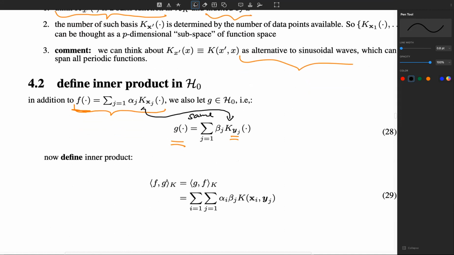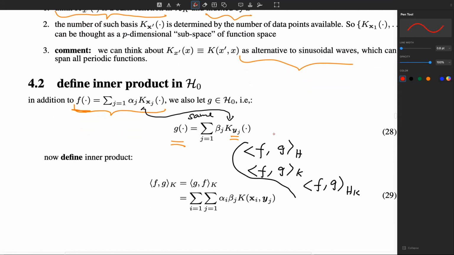So if I do that, I can then compute the inner product. I apologize, sometimes you see me write this H, or sometimes this K, or sometimes this HK. I should standardize all the notations, but if you see any of them, please treat them exactly the same.